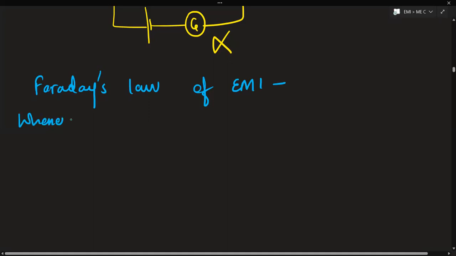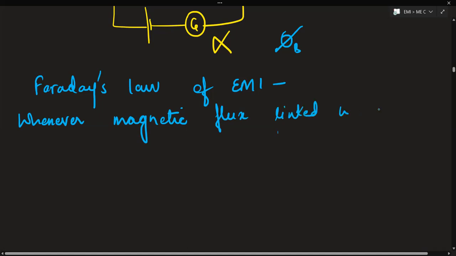Listen to this carefully. This is very basic for your induction, self-induction, mutual induction. Whenever the magnetic flux, your phi, linked with a coil changes, EMF is induced in it. EMF, you all know, is electromotive force, whose SI unit is volt.